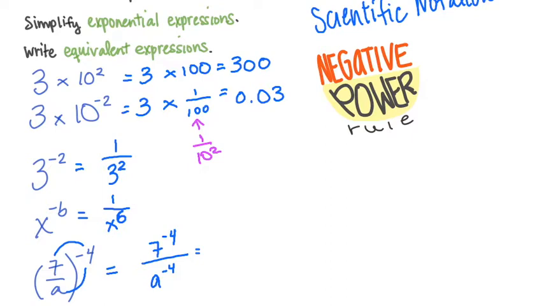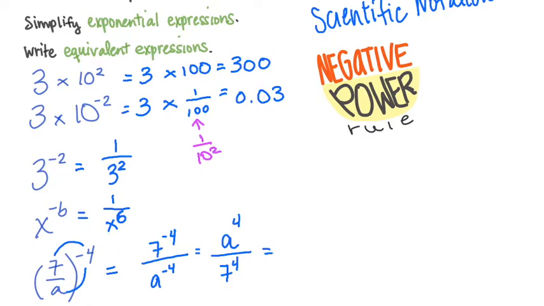And in order to get rid of these negative exponents, I have to put this over 1, and this one is already in the denominator spot, so what I would have to do is flip this and put it in the numerator spot, and that would go ahead and get rid of that exponent. So what I have here is a to the power of positive 4 when I'm done simplifying it, and 7 to the power of positive 4.